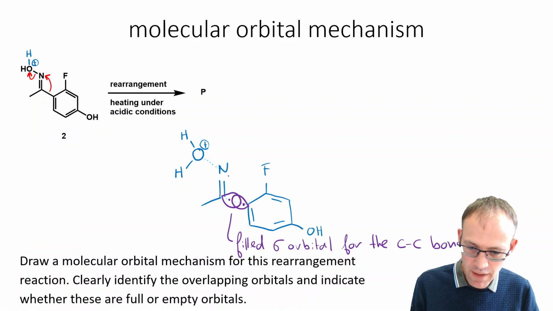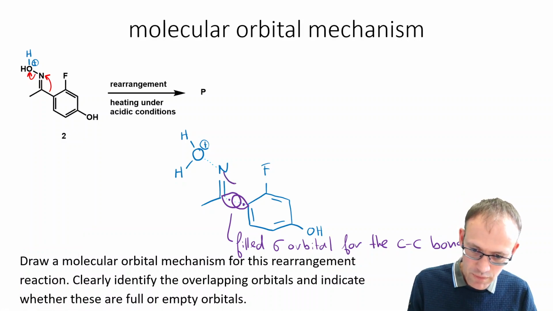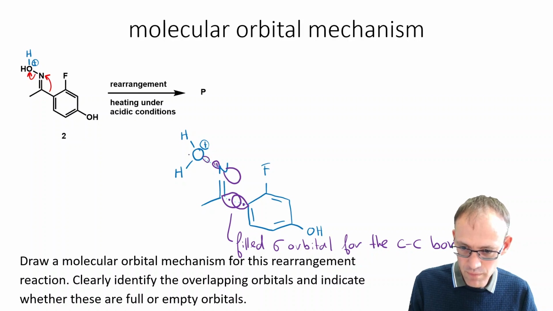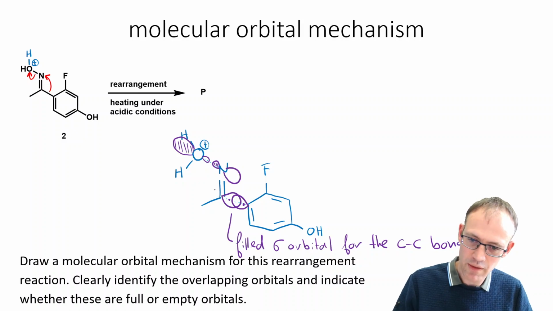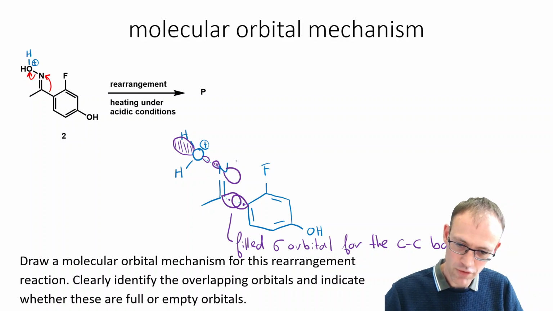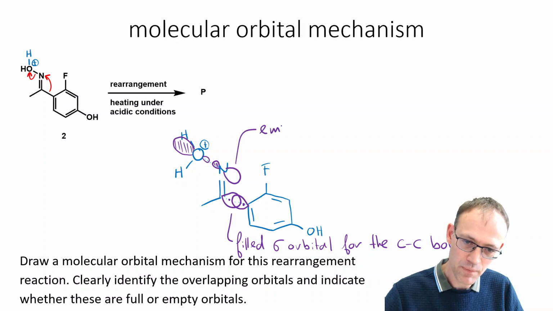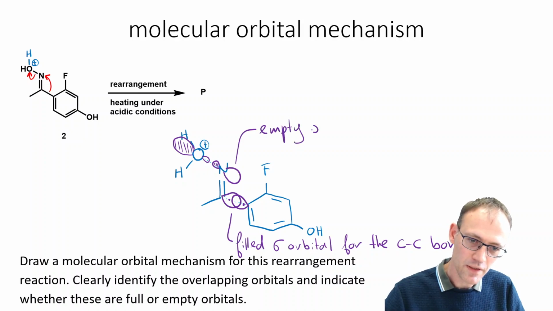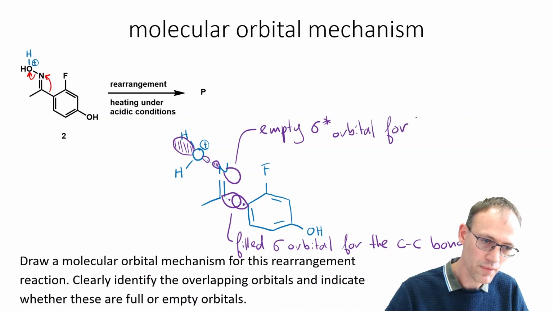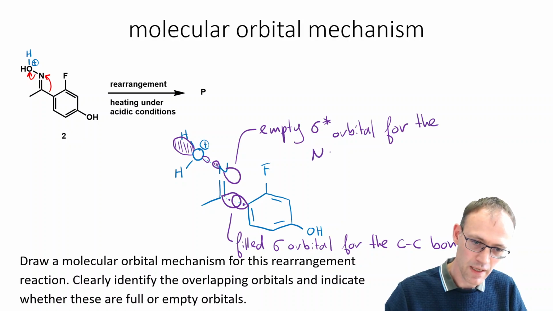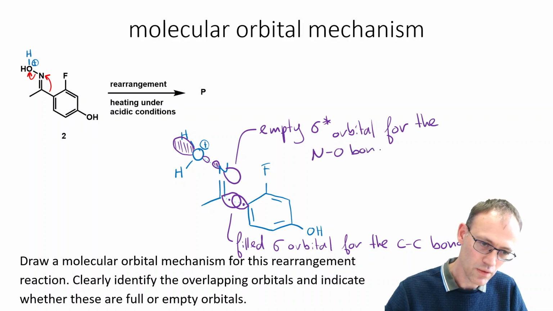So what I'm going to do here is I'm going to draw the anti-bonding orbital, the sigma star anti-bonding orbital that corresponds to the nitrogen-oxygen bond. So this is the empty sigma star orbital for the NO bond.